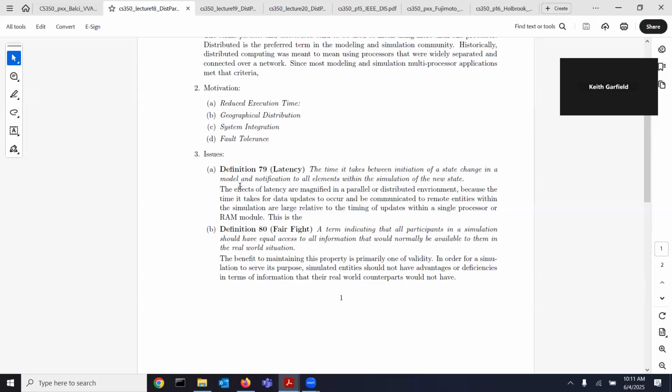So consider some simulations like the astronomy people try to model things like how do galaxies form or how do stars form.